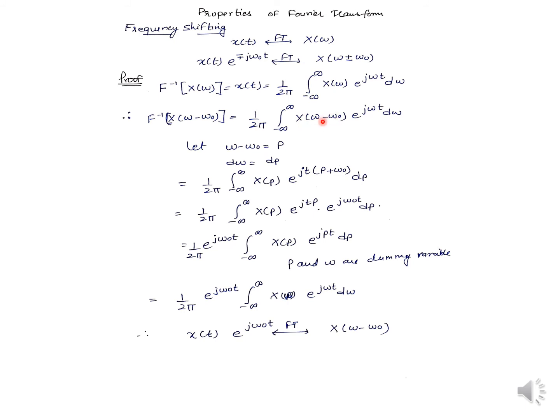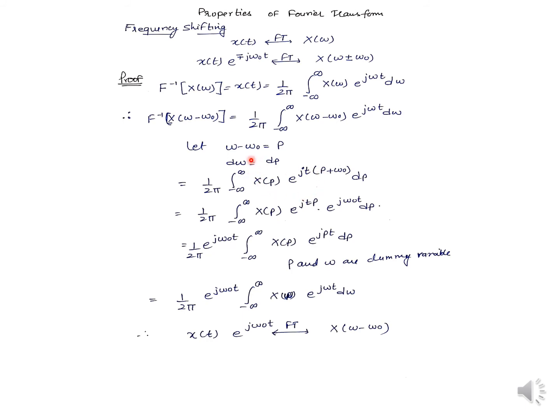Put this equal to p, then d omega equals dp, and again put the limits here like we did in the previous examples. The limits remain minus infinity to infinity, because adding or subtracting something from infinity is always infinity.